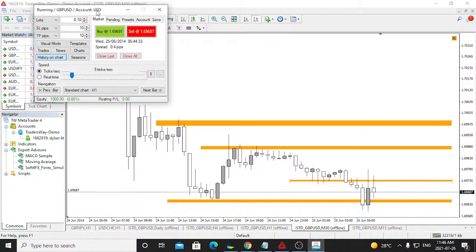So that's like one, drawing out support and resistance and just being patient. So that's one. Number two, just be disciplined.